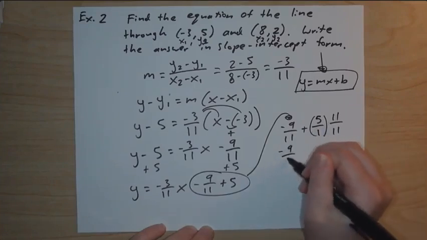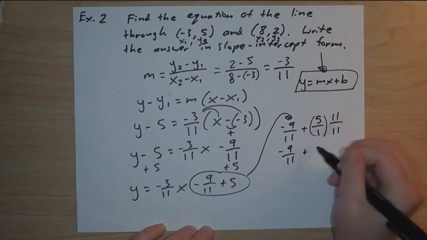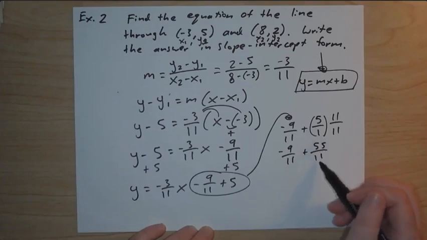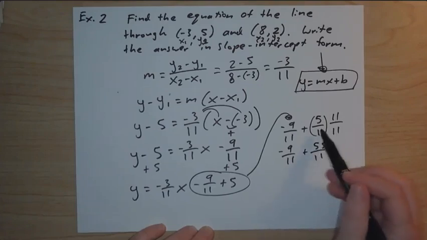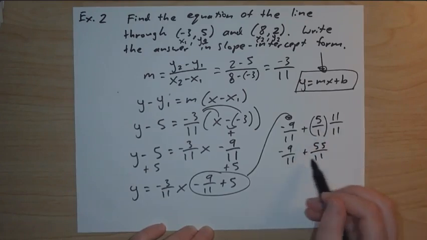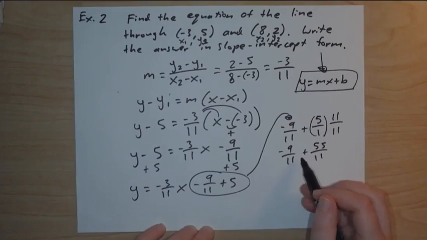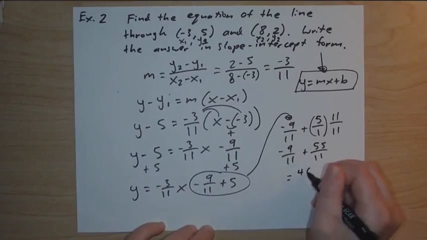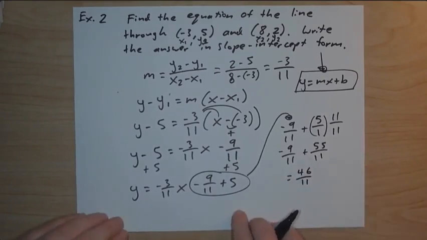Doing that, we get -9 over 11, plus 5 times 11 is 55, 1 times 11 is 11. So 5 is the same thing as 55 divided by 11, which means we have not changed the value of our 5 at all. So now that we have the same denominator, we can add. -9 plus 55 is the same thing as 46, so we have 46 over 11.